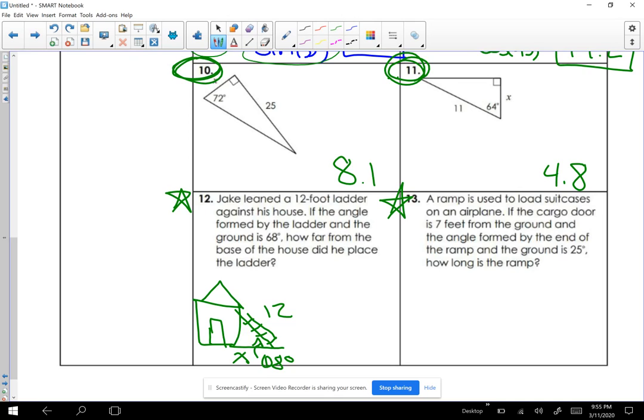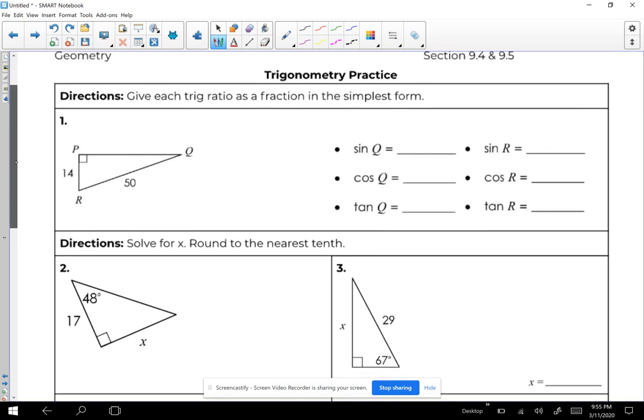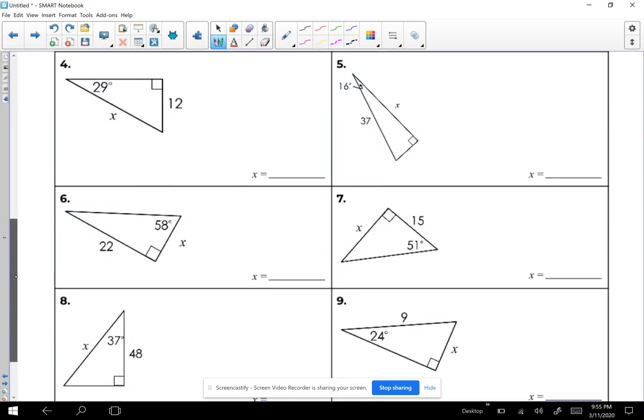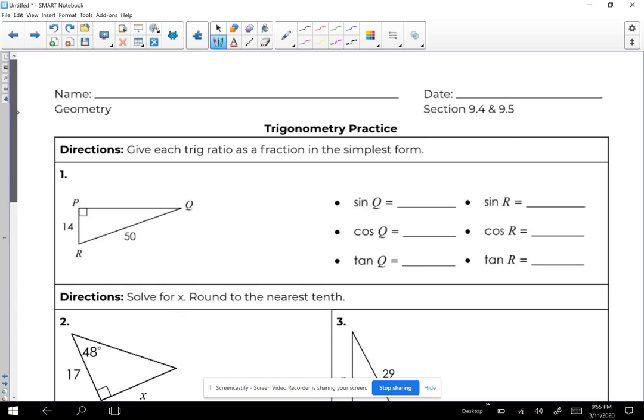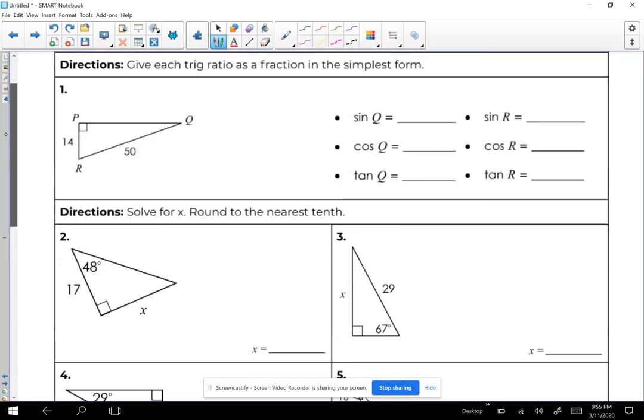But now that you've finished the formal lesson, this is attached to the notes that I have in Google Classroom. And our very first online official assignment after going through the lesson is going to be to complete this assignment. It will be graded for accuracy. You do not have to do it once. You can do it multiple times.